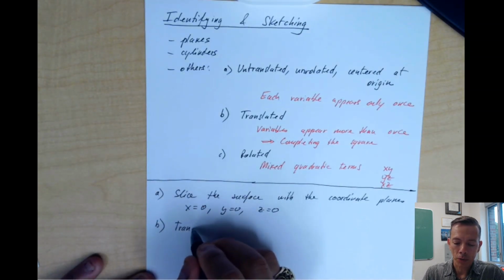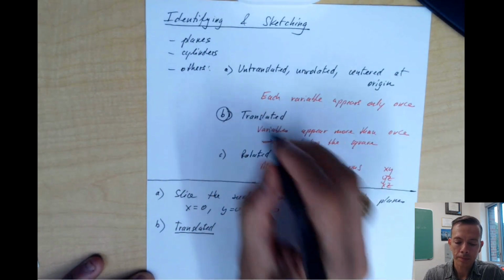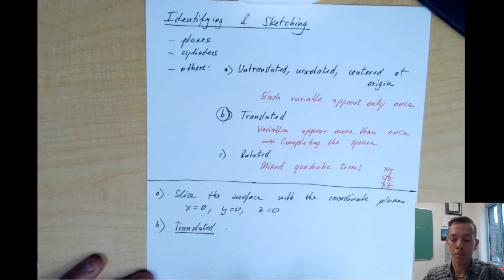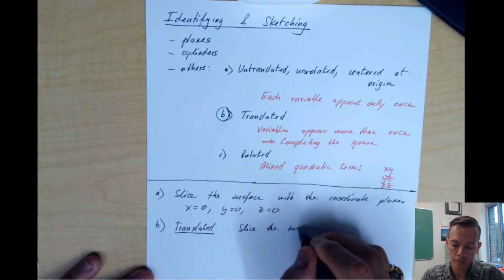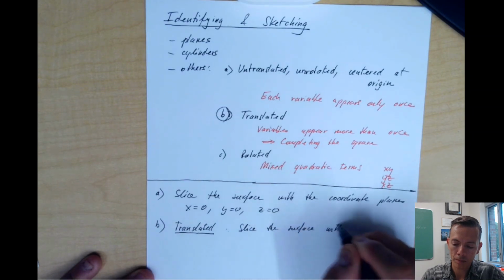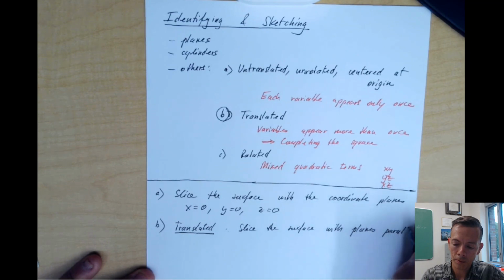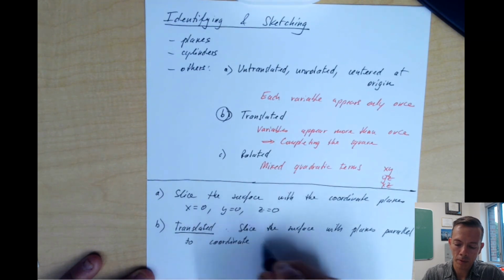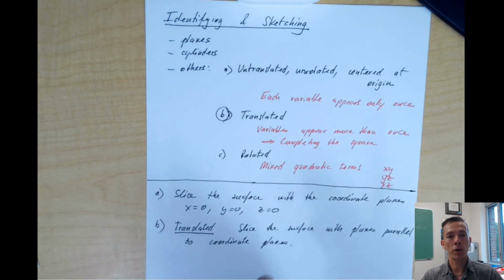If the quadric is translated, then you can slice the surface with planes that are parallel to the coordinate planes, depending on how you've completed the square to translate the quadric surface. So we'll see some examples of that in a minute.